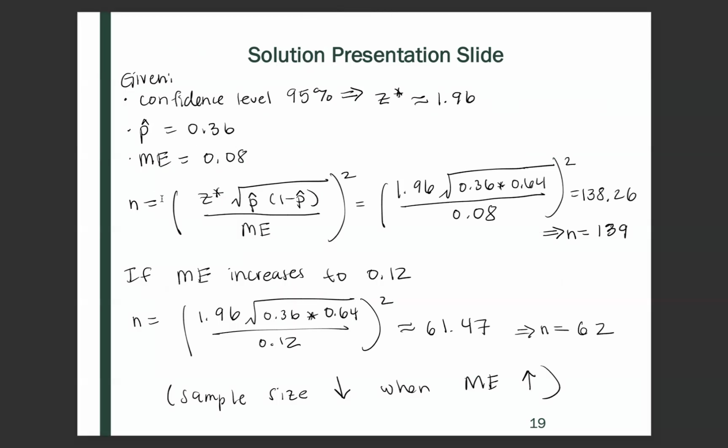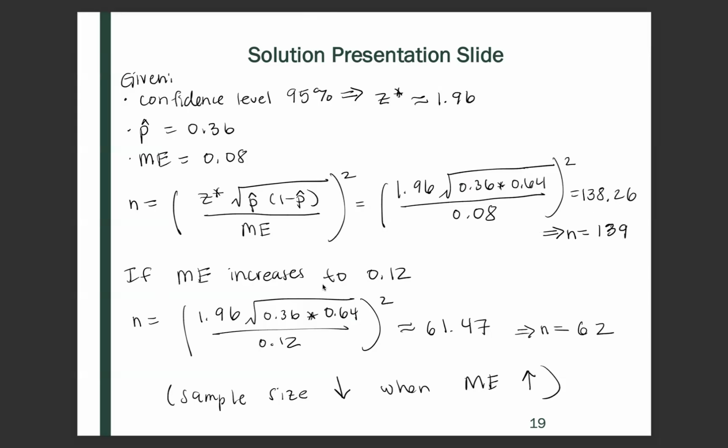And so our minimum sample size needed is going to be z-star, which is 1.96, times the square root of p hat, 0.36, times 1 minus p hat, which is 0.64, divided by the margin of error, which is 0.08, squared. And so we get 138.26, but again, we're talking about sample sizes, so we need to round up to the nearest whole number, so that's 139.